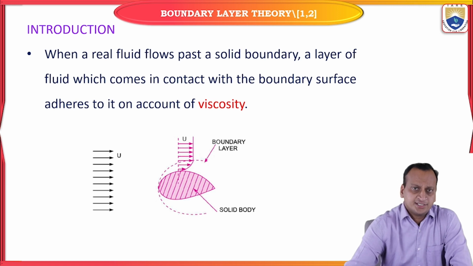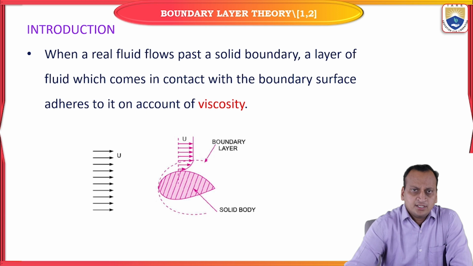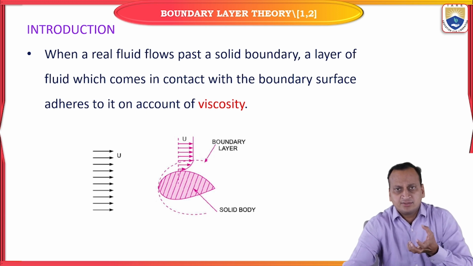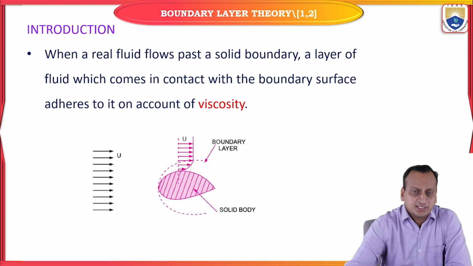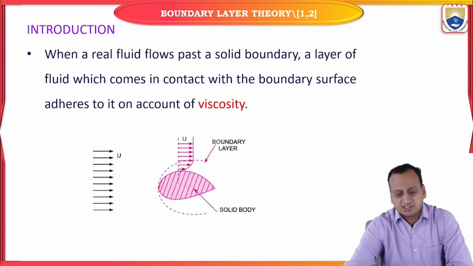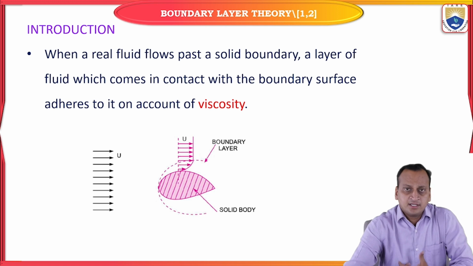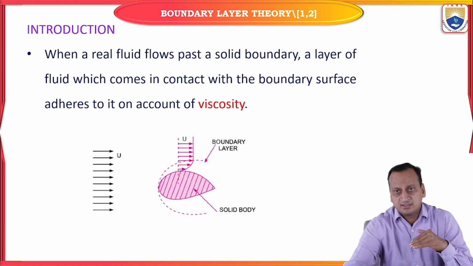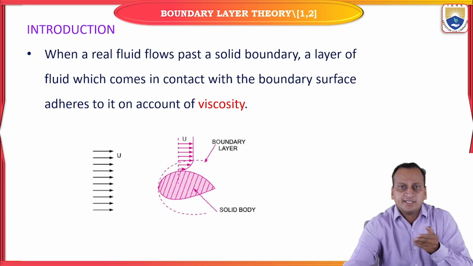Whenever a solid body is kept, when the liquid comes into contact with the solid body, the first layer of the fluid will stick onto the surface of the solid body, on account of friction or viscosity. Then automatically the layer adjacent to that will be retarded.